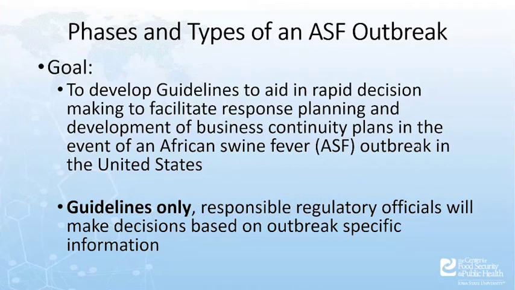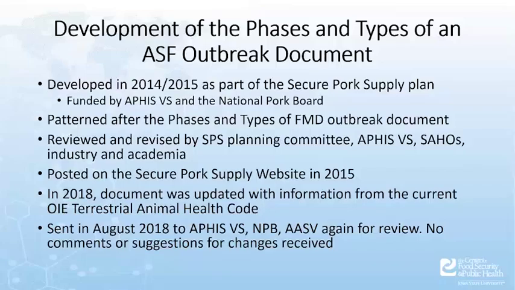Responsible regulatory officials will make decisions based on outbreak-specific information. But it's helpful to have documents like this developed that have been discussed by regulatory officials, industry, and others, and thought about ahead of time, and come to a consensus on how the response could go. But again, these are guidelines only.